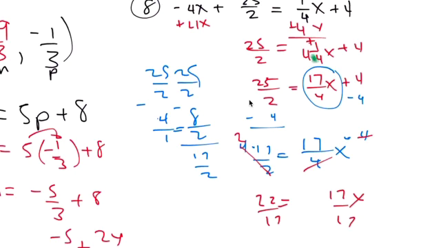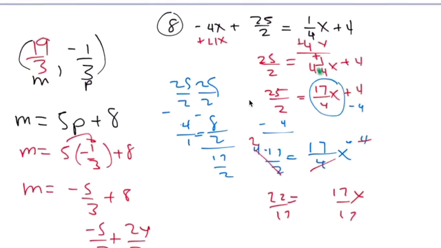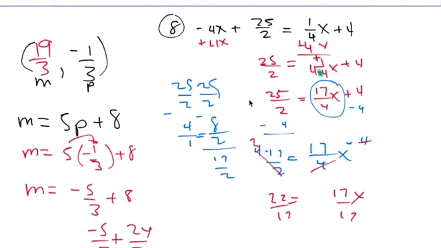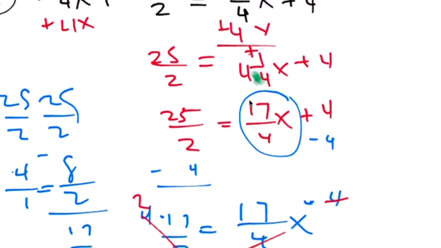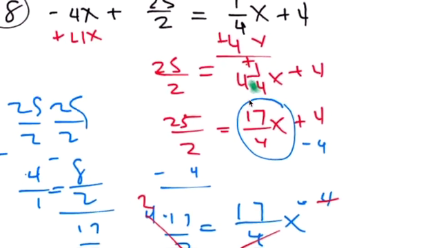Let's see. The answer is 9/2. Hold on. Number 8. 25 over 2 and 1/2 plus 4. 17 over 4 minus 4.